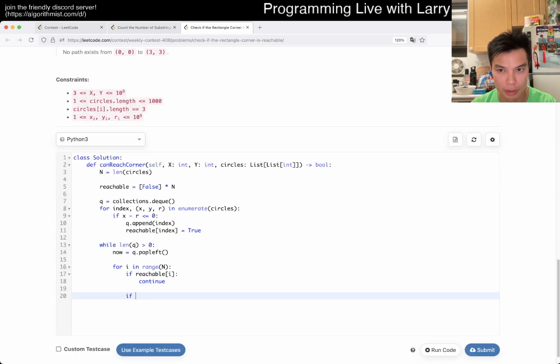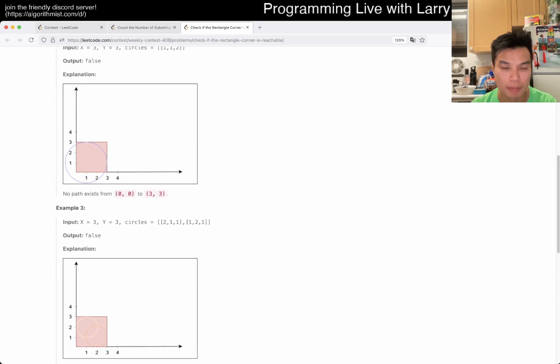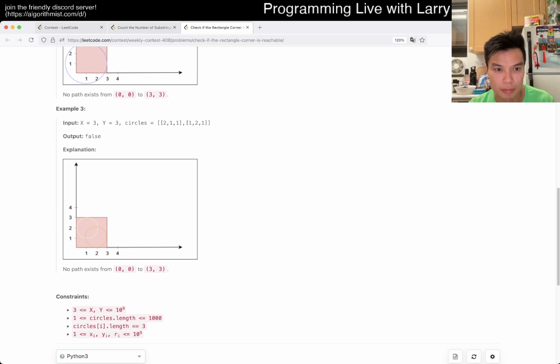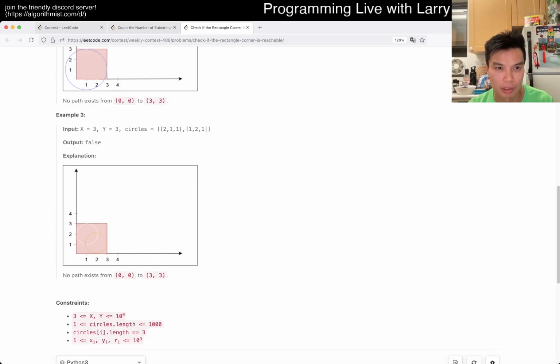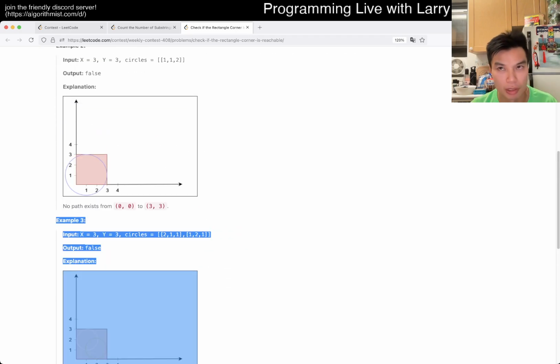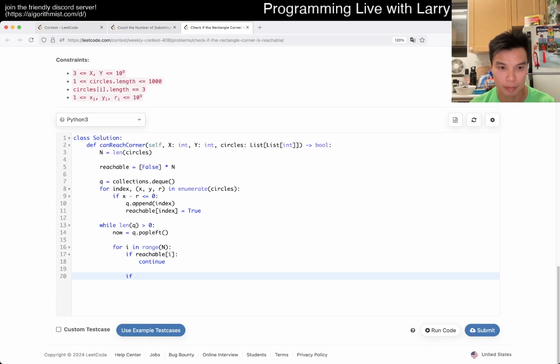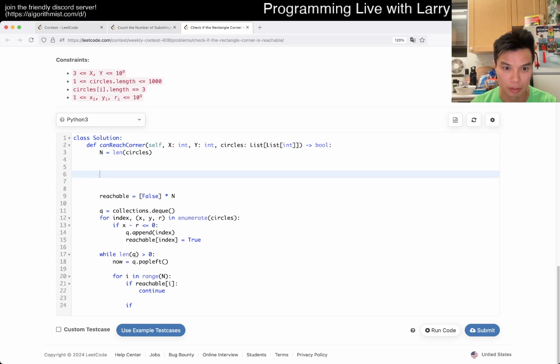If they intersect, I have to do a special case where just the beginning, like this one, I guess. Yeah, I do. Okay, fine. Okay.